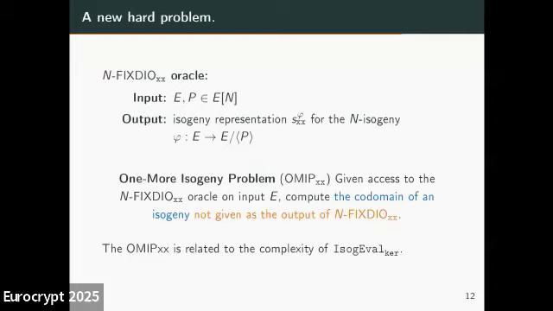This is a non-standard problem for cryptography. It has been studied in the context of isogeny-based cryptography because it underlies the efficiency of some of the schemes, but it was not used in itself as a cryptographic problem.